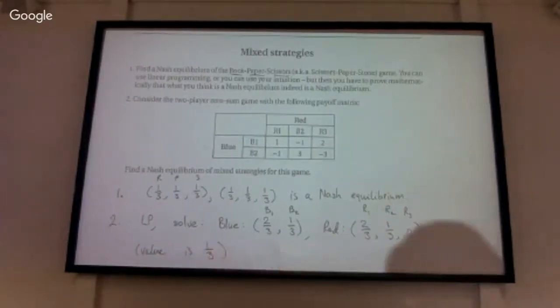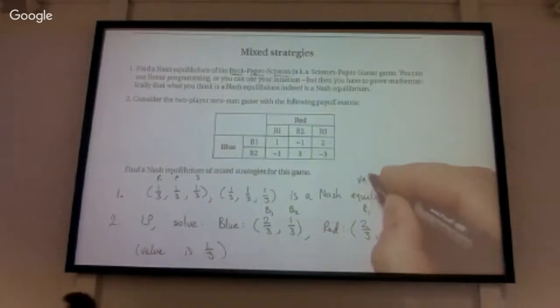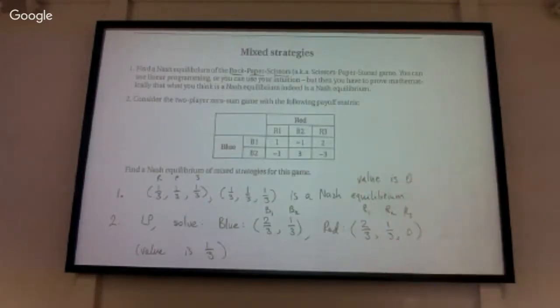So the blue player is going to be winning. And here the value for rock, paper, scissors is 0. So it's a fair game. If the players keep playing truly randomly, then no one is going to be winning in the long run. So the question is, why are there world championships in rock, paper, scissors?